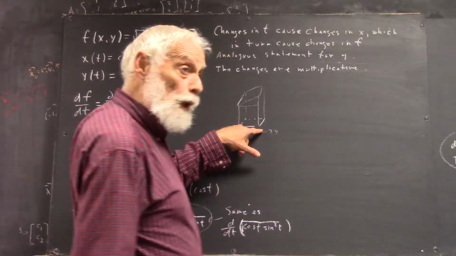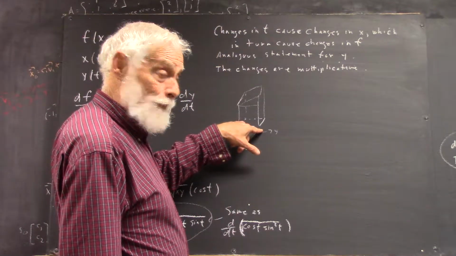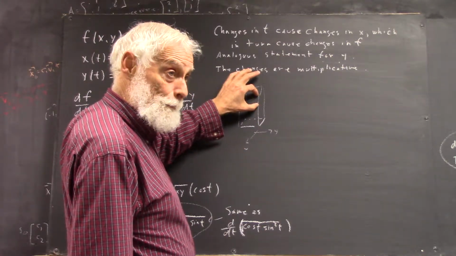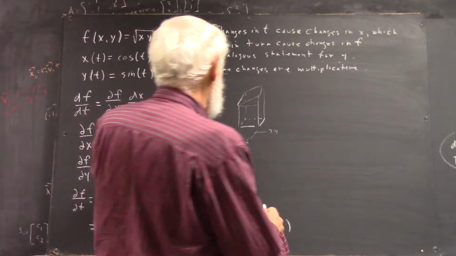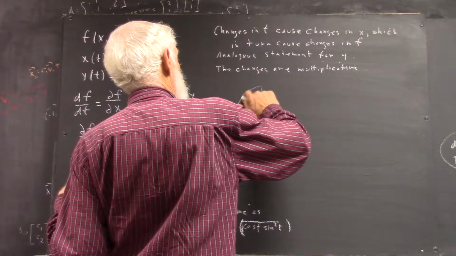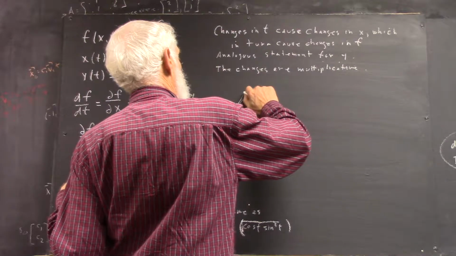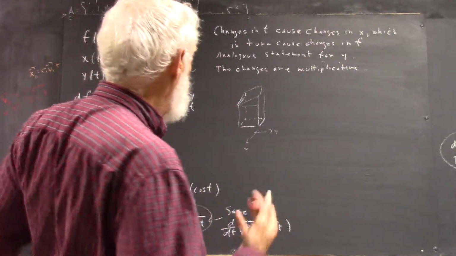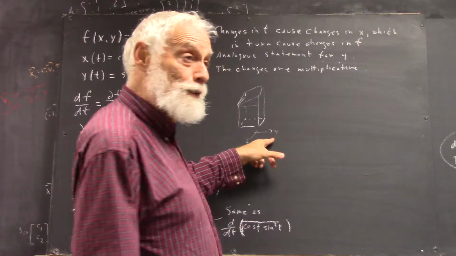Here's your change in y. Whatever your change in y is causes a change up here, right? And here's your change in x, okay, which causes a change up here, and that's the picture we looked at previously, okay?